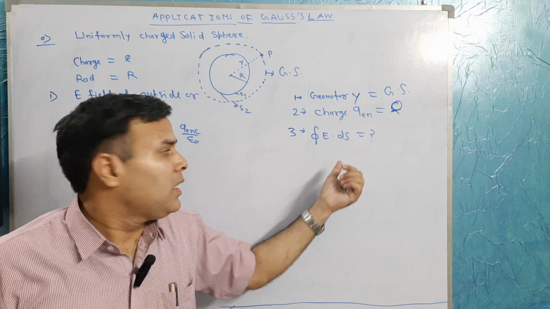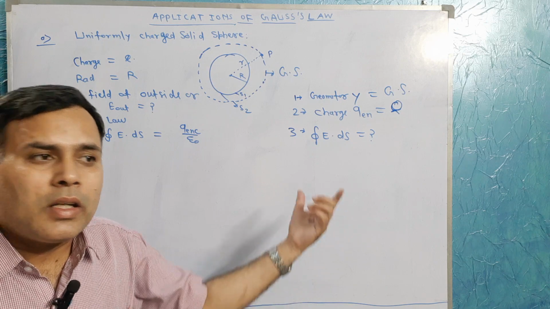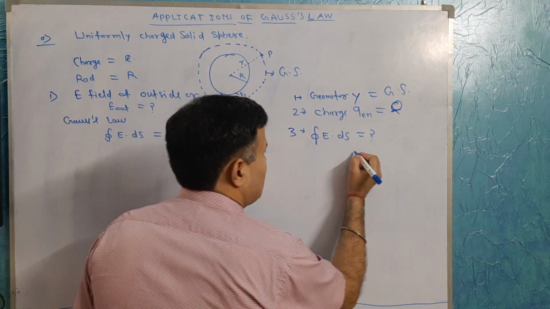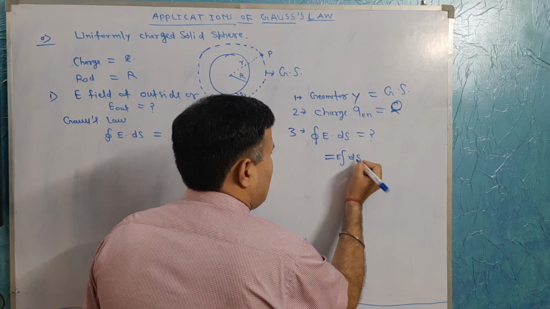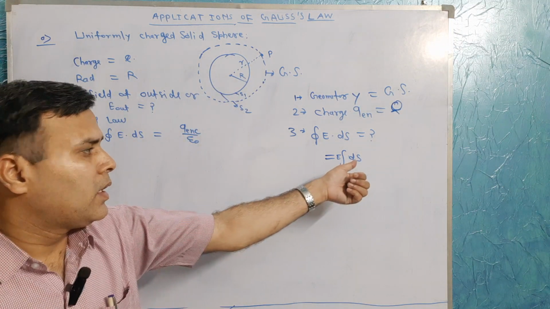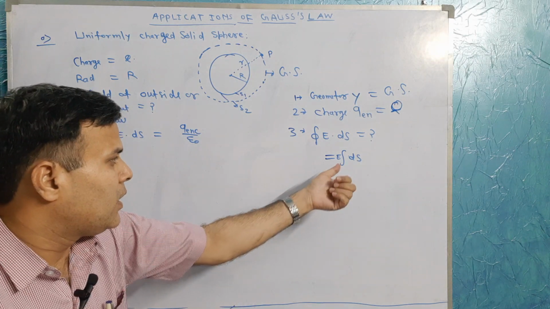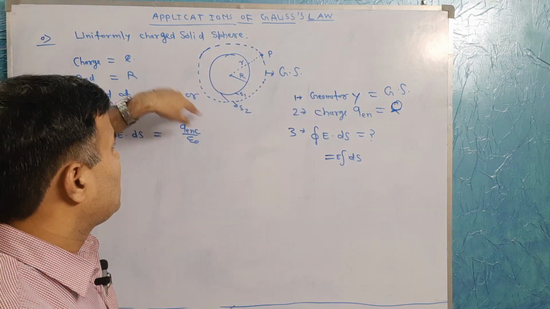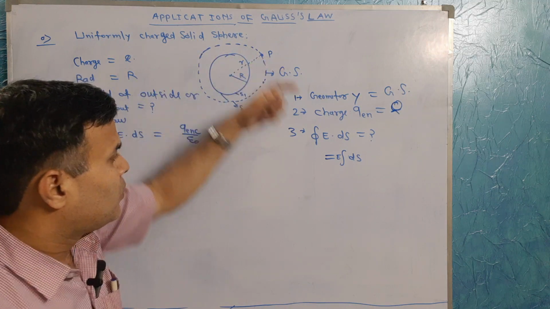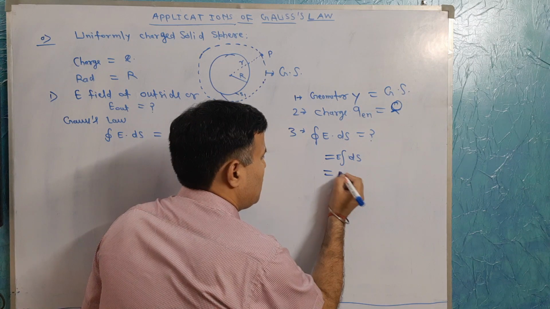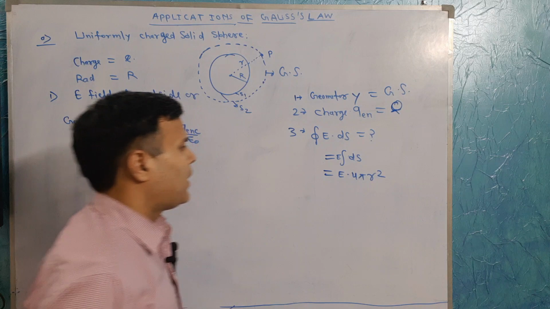In this case, E and ds are in the same direction, so theta is 0. E dot ds is simply E ds cos 0, which is 1, so E ds. And the total area of a sphere of radius r is 4 pi r square.